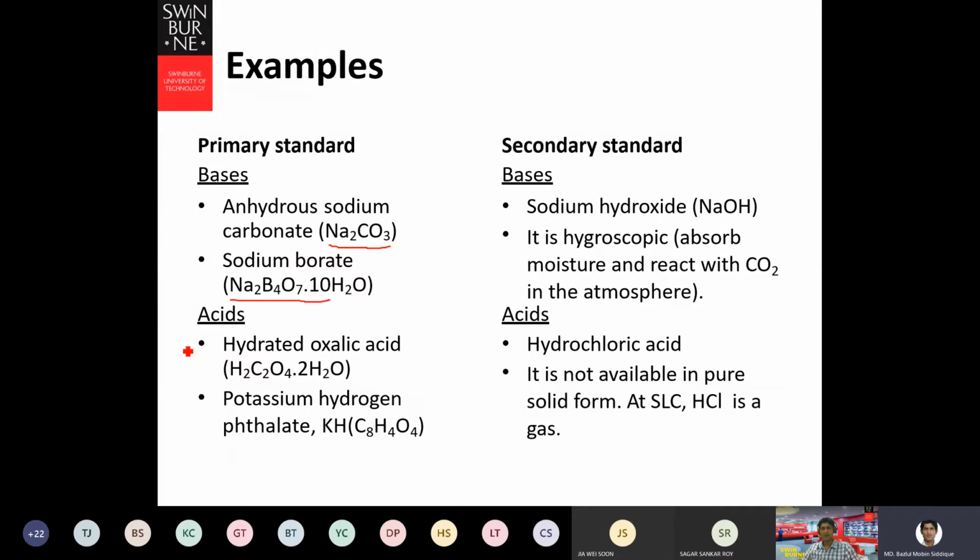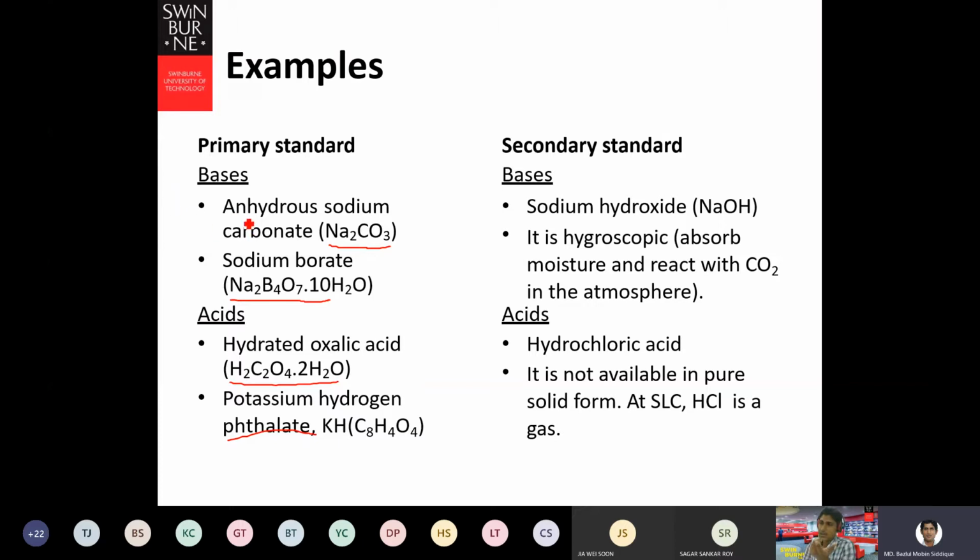If I want to know the exact concentration of my acid, I will use oxalic acid, which has 2 water molecules in it, or potassium hydrogen phthalate.